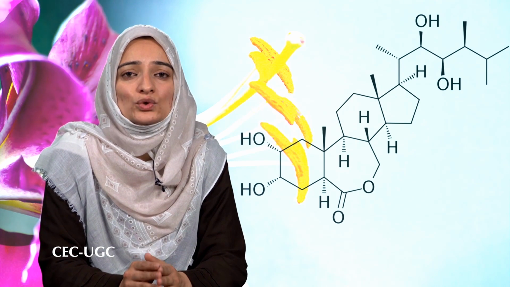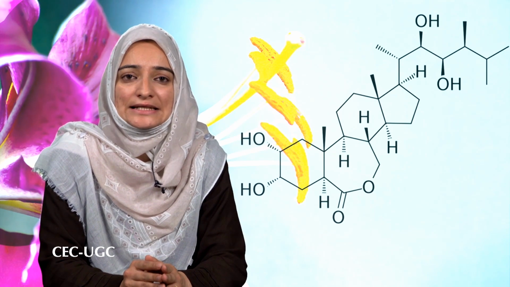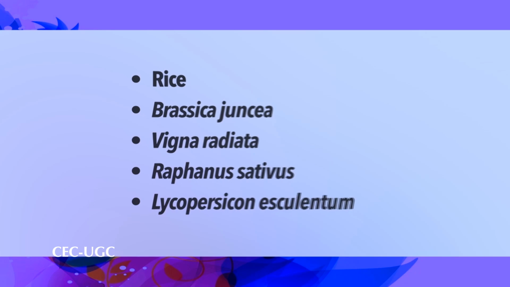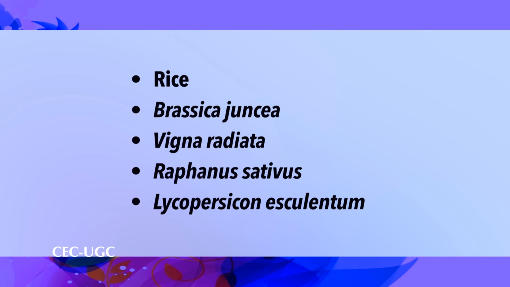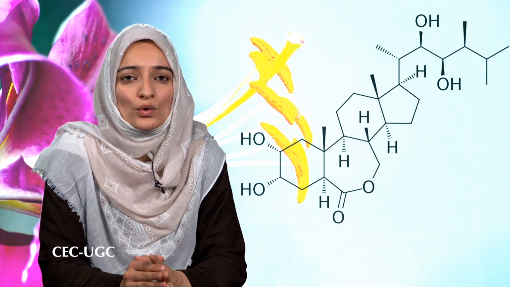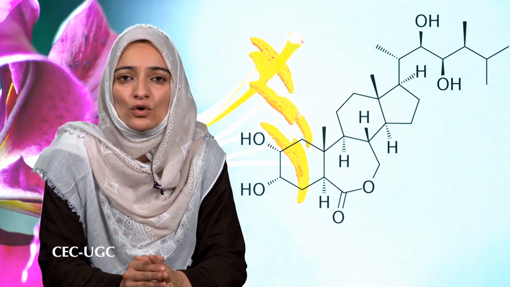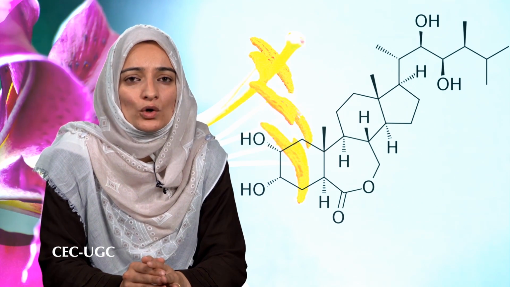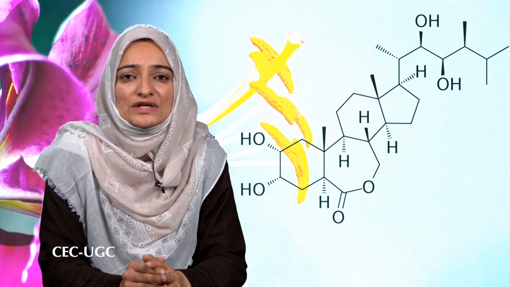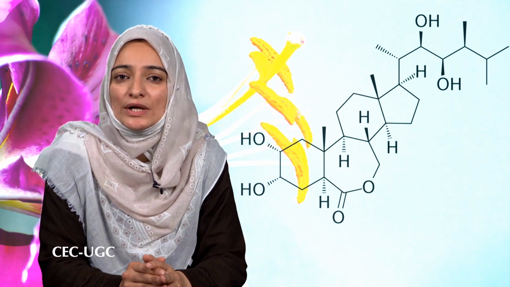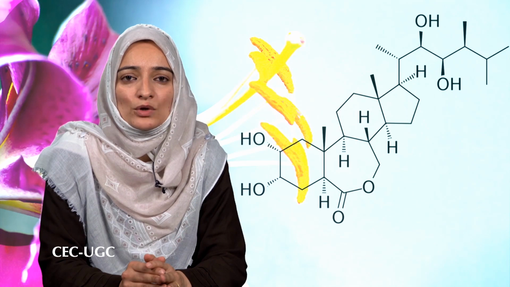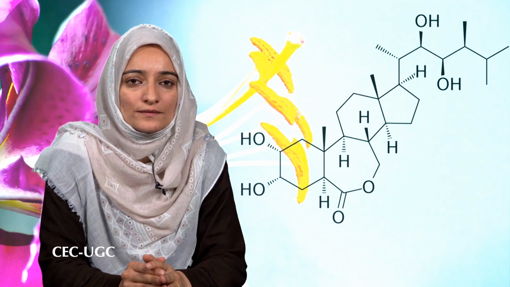Similarly, the values for the above parameters increased in the leaves of rice, Brassica juncea, Vigna radiata, Raphanus sativus and Lycopersicon esculentum raised from the seeds given pre-sowing treatment with 28-homobrassinolide. Moreover, the water-stressed wheat plants treated with 28-homobrassinolide possessed high chlorophyll level.